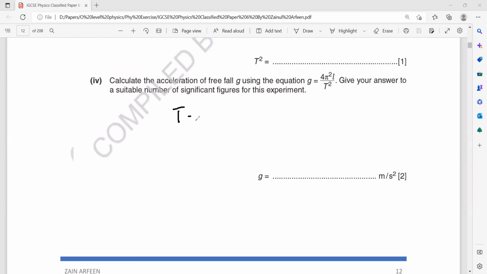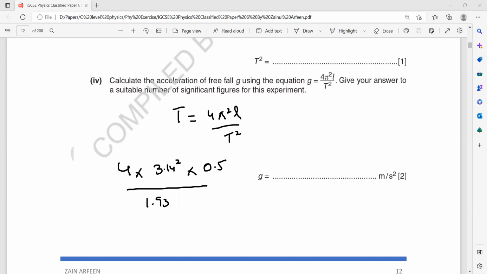So g equals 4 pi square L by T square. So we just substitute the values. This will be 4, pi is 3.14 squared, times the length 0.5, divided by T square. T square we calculated, that was 1.93. What's the answer? 3.25?